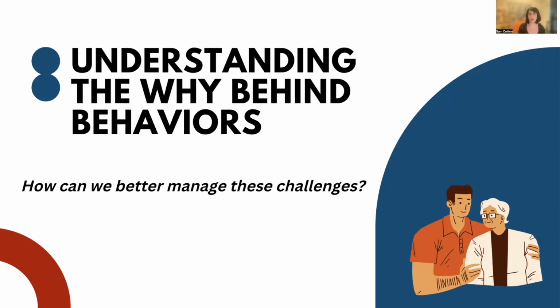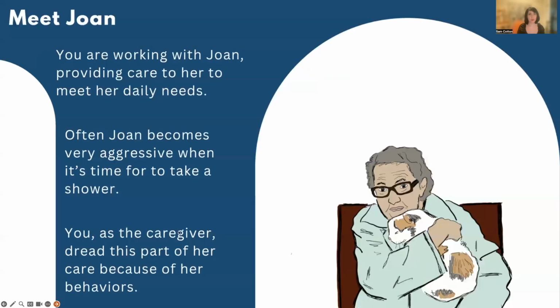So taking that step back and thinking about how we respond to those behaviors as they're presented by the person and how we can better manage these challenges is an important aspect of compassionate care. So we're going to start this journey by first talking through a case.